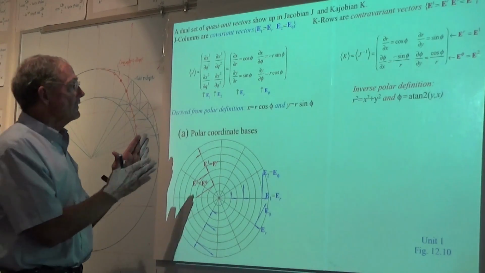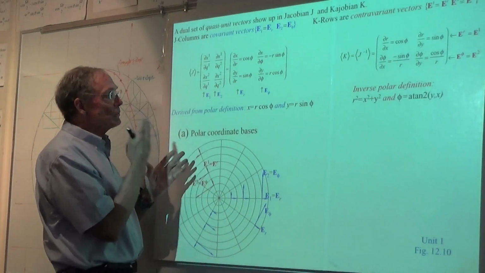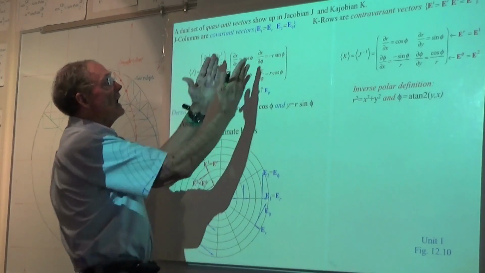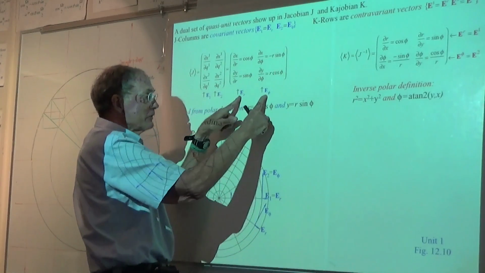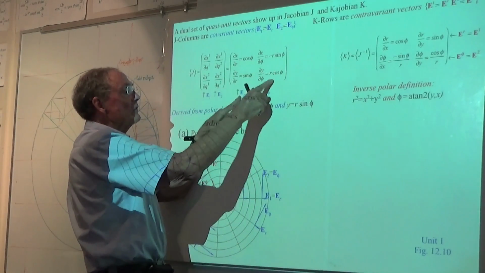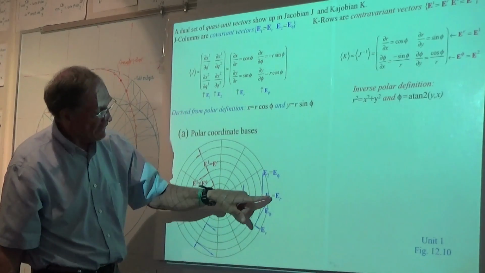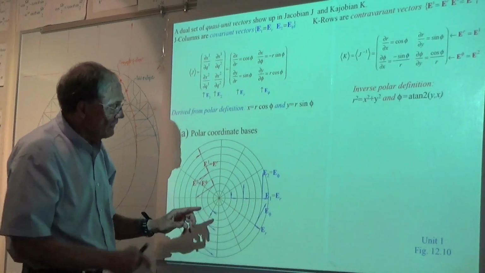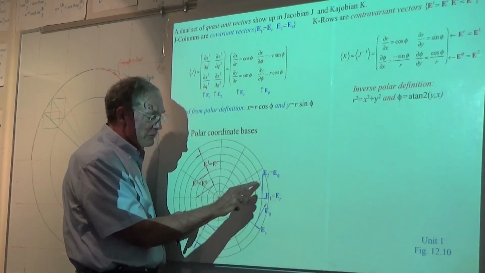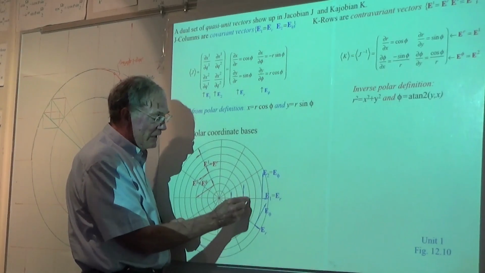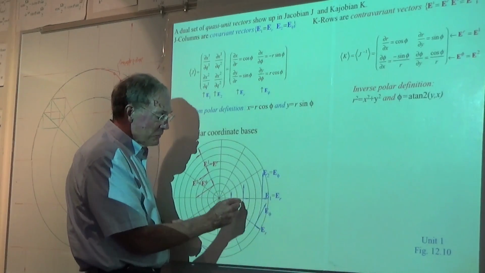And then you look at this thing and you discover, and this is what's really neat, that the columns of the Jacobian contain vectors that are being drawn here. These are vectors that grow linearly for number 2, but stay the same for number 1.